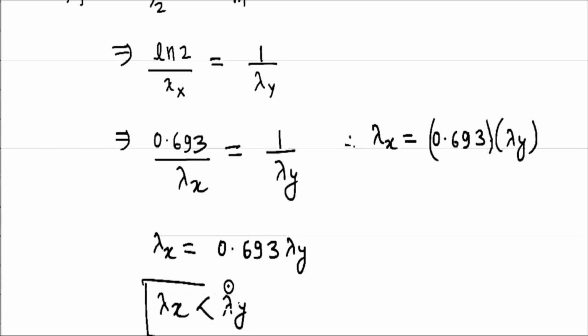That means the rate of radioactive decay of substance x is slower than the rate of radioactive decay of substance y. That means y is decaying faster than x.